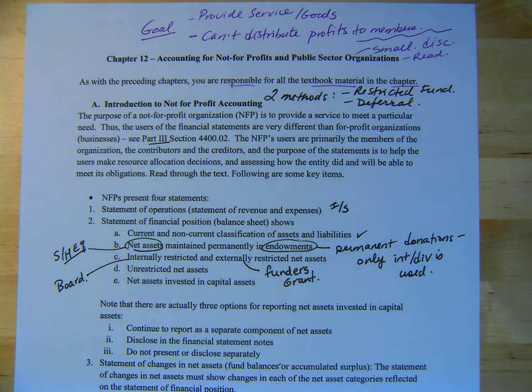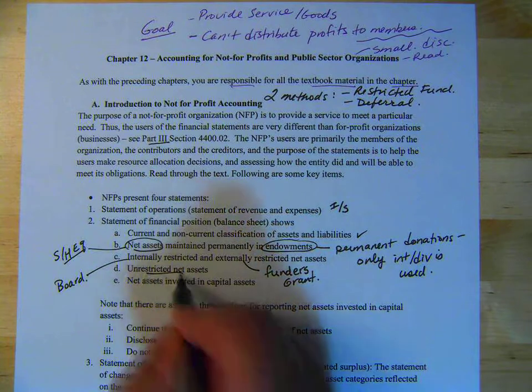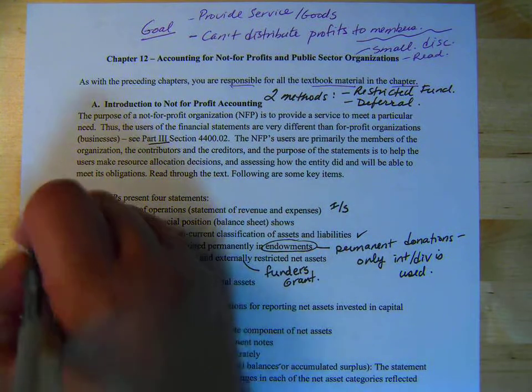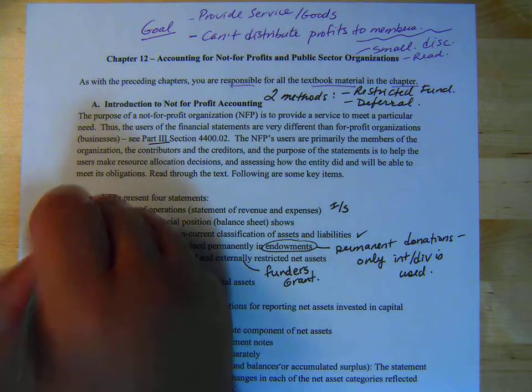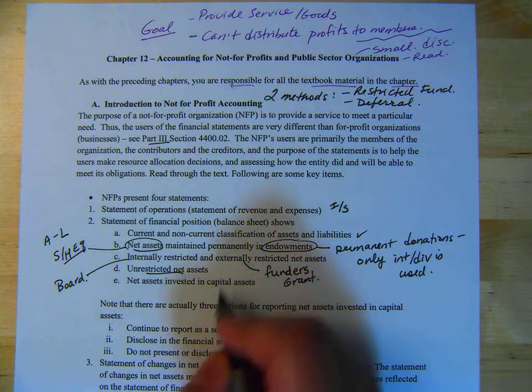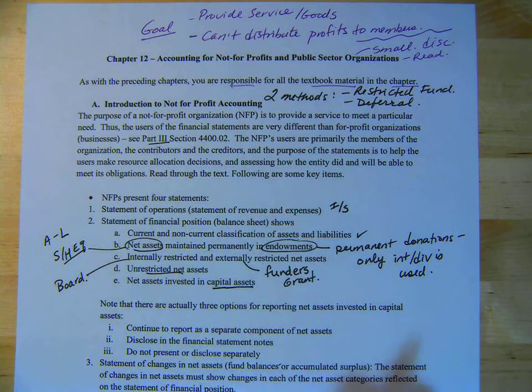Unrestricted net assets can be used for anything, and don't forget, net assets in shareholders' equity, it's just assets minus liability. And then there's net assets invested in capital assets. So they kind of break things down a little bit differently than we do for public companies.